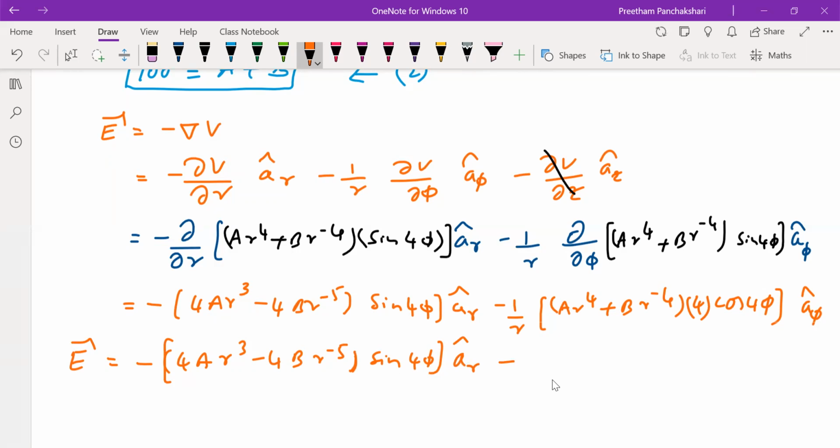But in the second part, we have to divide it by R. So therefore, A R cube, and also we'll take care of multiplying by 4. So 4 you multiply with A and B, 4A R cube plus 4B R power minus 5, into cos 4 phi, A cap phi.